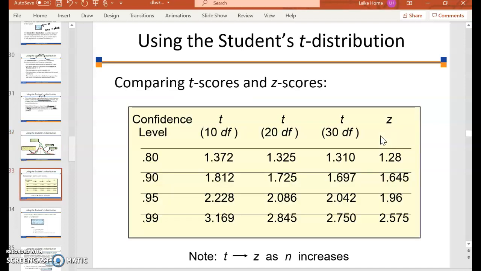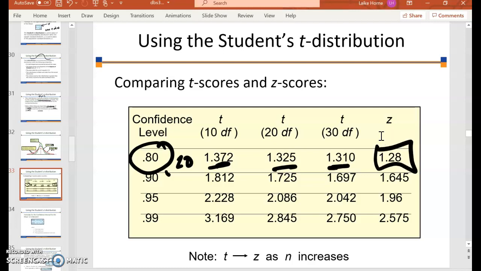So here's an example of a t-score and a z-score. For an 80% confidence level, which would mean alpha was 0.20, look at the degrees of freedom, okay? And look at Z. See how the degrees of freedom are bigger?